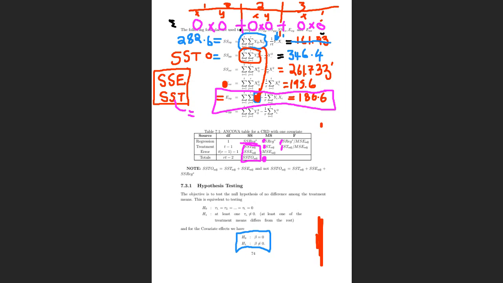When you say B1 is equal to 0, what do we mean? Yes, Malepe? There is no slope. Raymond? There's no linear relationship between the response variable and the covariate, the X values. There is no relationship between the dependent variable and the independent variable.